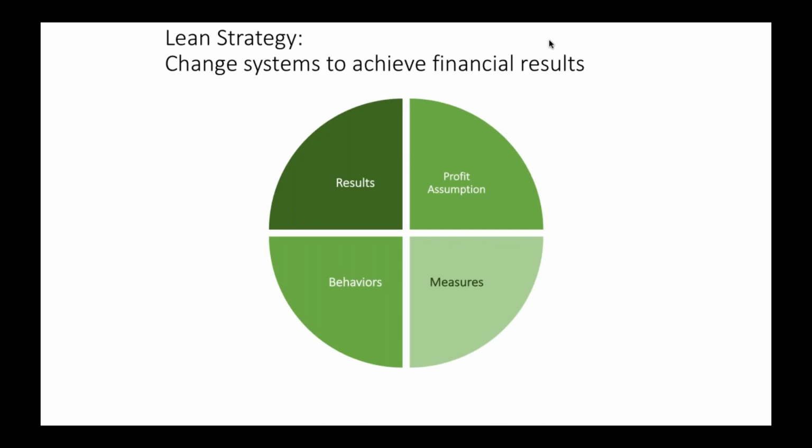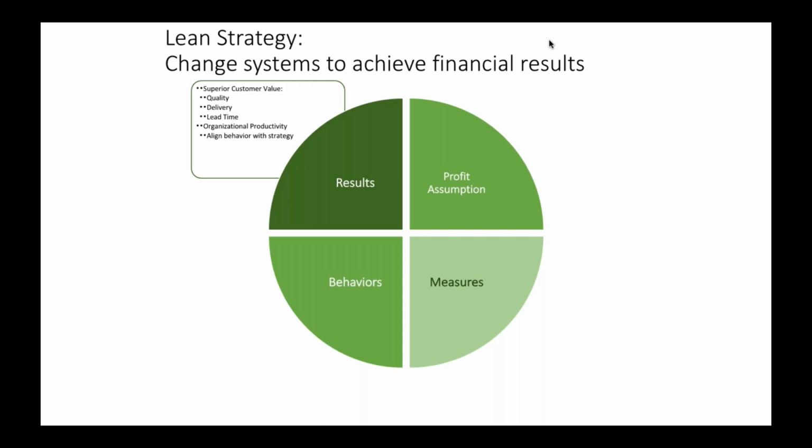Lean companies typically start, what I want to say is backwards. What kind of results do we need to measure and manage and look for? And it's all about delivering customer value.